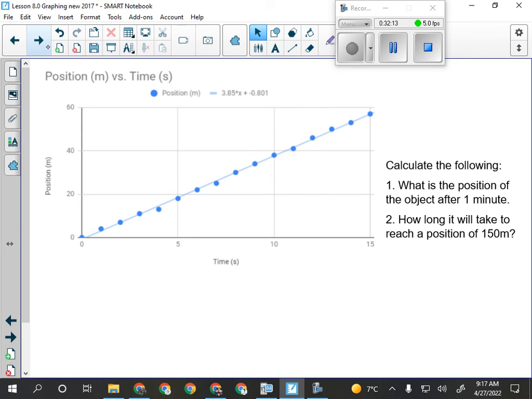So I've got this graph here. I've got my equation, and it says that y equals m times x plus b. In this case, that's 3.85 times x plus negative 0.801. What do you suppose the slope represents on this graph?